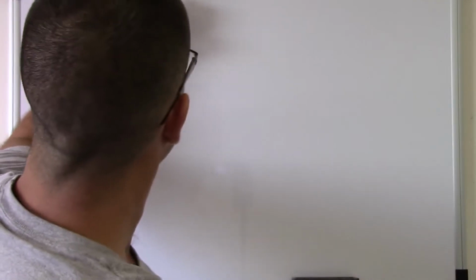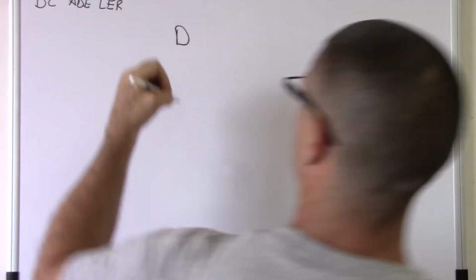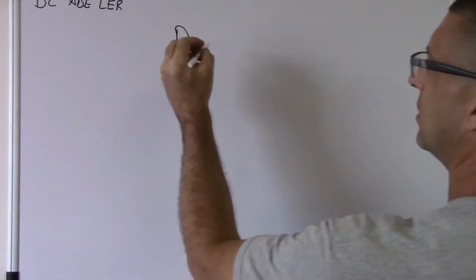Well, I'm going to write it back up over here. DC AID LR. And because I'm going to write it here, D is for debit.